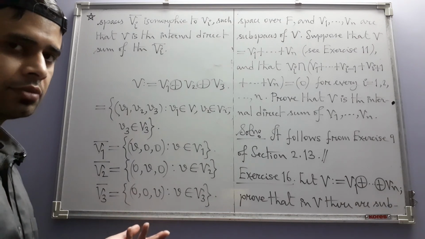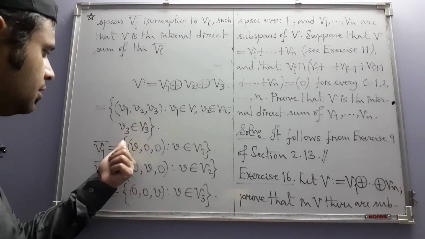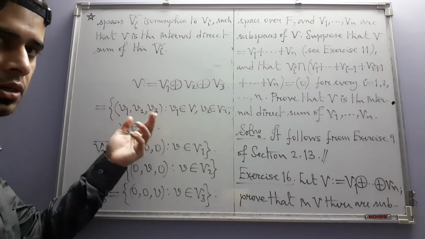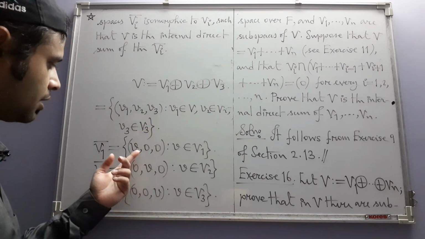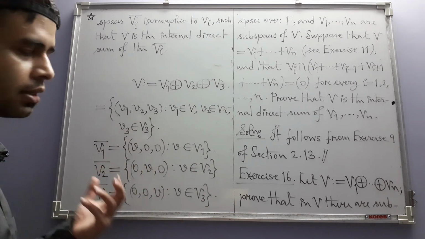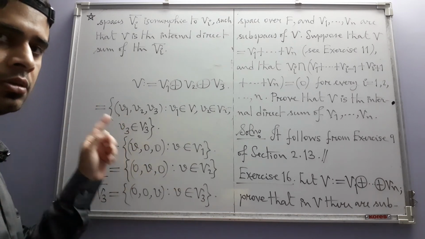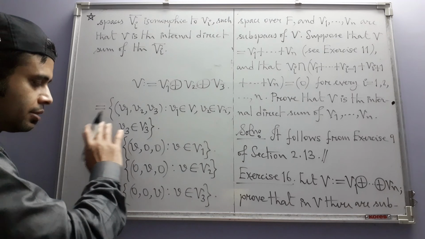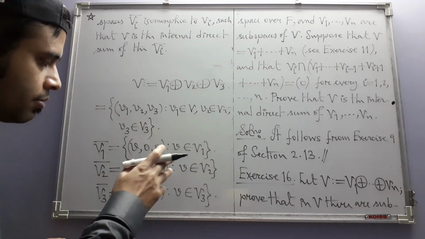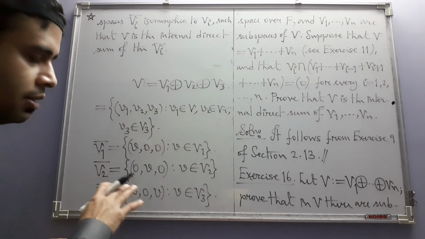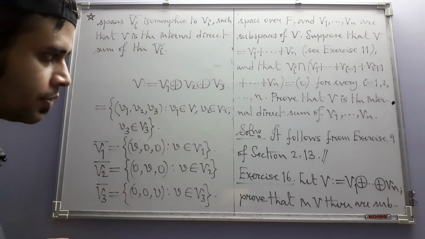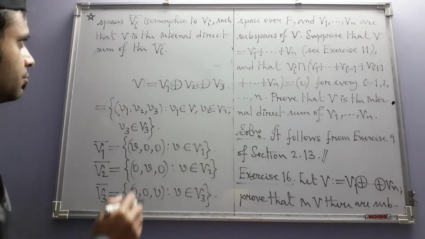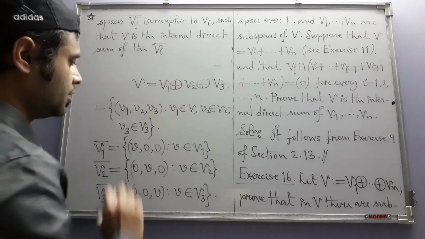And I don't think it will be a very difficult problem to show that V is first of all the sum of V1 bar, V2 bar, V3 bar, because you can write this vector as a sum of three vectors, those three vectors being (v1, 0, 0), (0, v2, 0), and (0, 0, v3). And then you show that this expression of the original vector as a sum of three vectors from here is unique, much like how we were discussing there. So that will prove that V is the internal direct sum of the Vi bars.